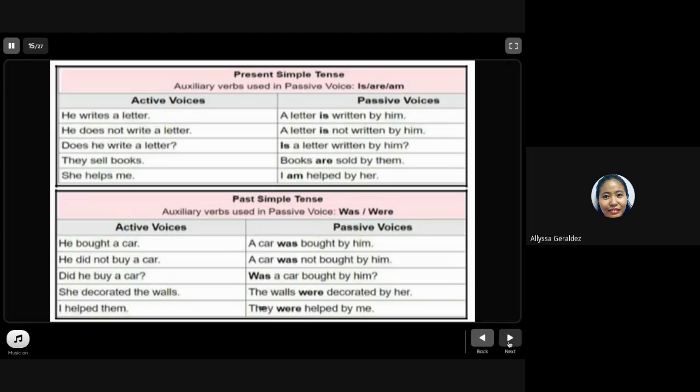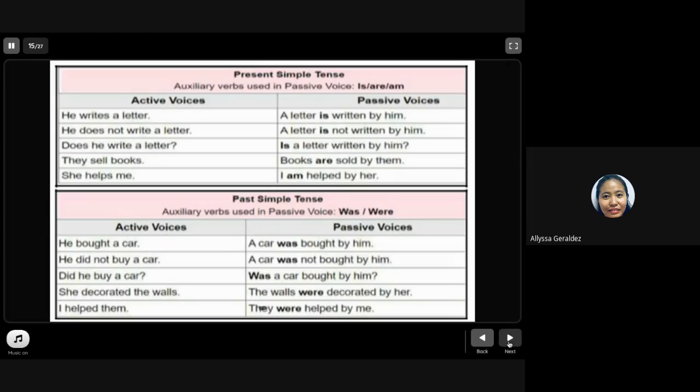A letter, since it's singular, we'll use is. A letter is plus the past participle of the word write, which is written, and then the by phrase, by, and then we have to change the subject pronoun he into the object pronoun, which is him. A letter is written by him.